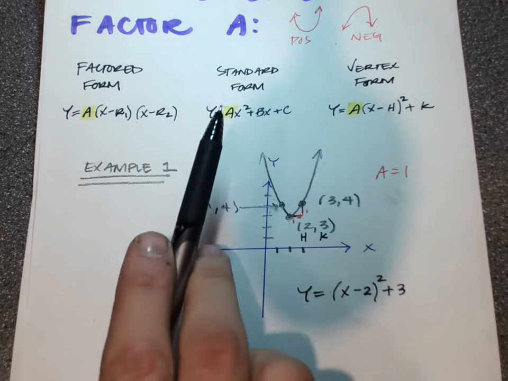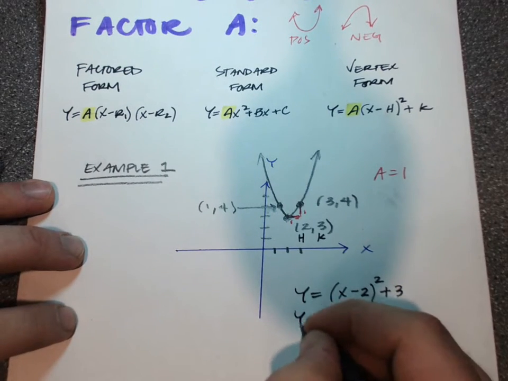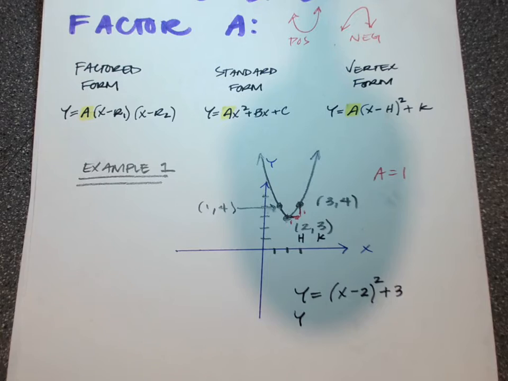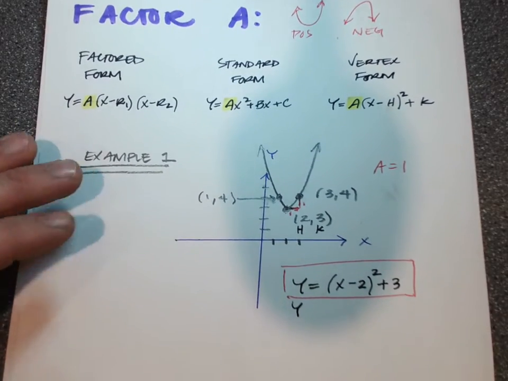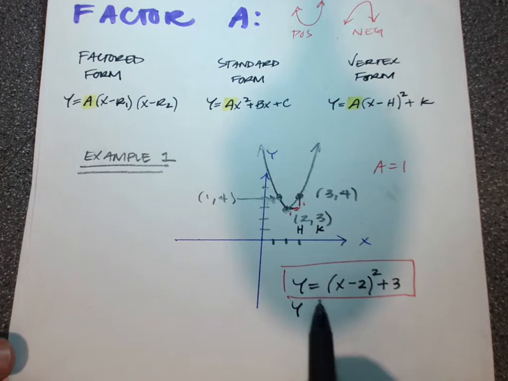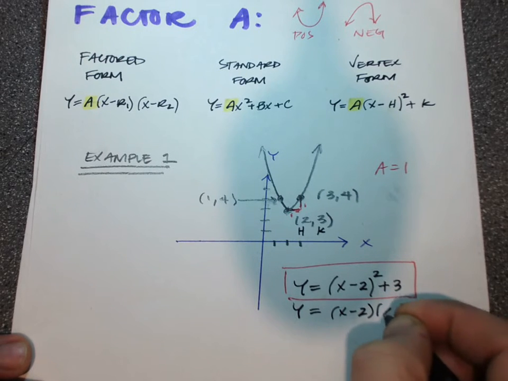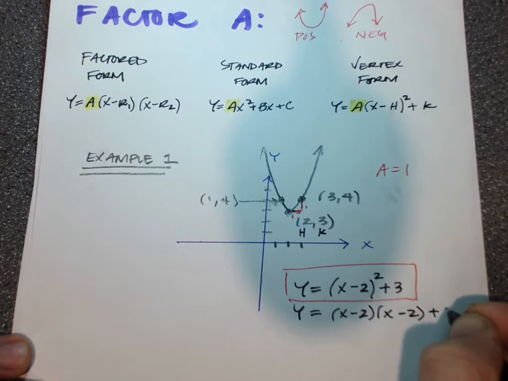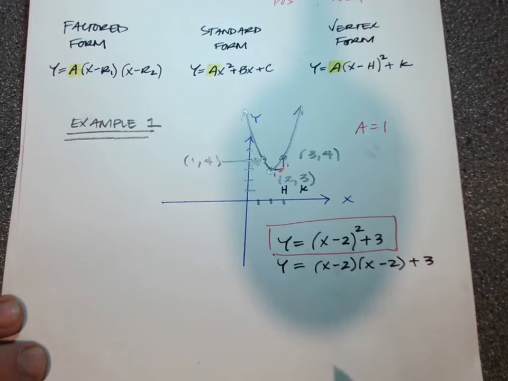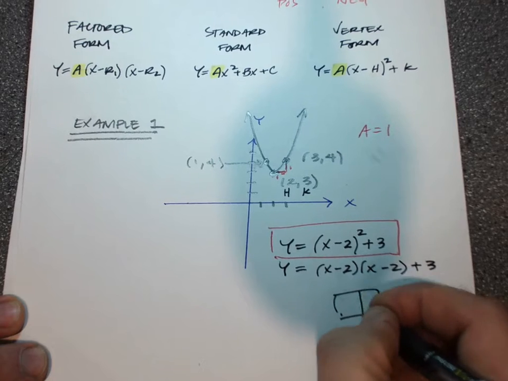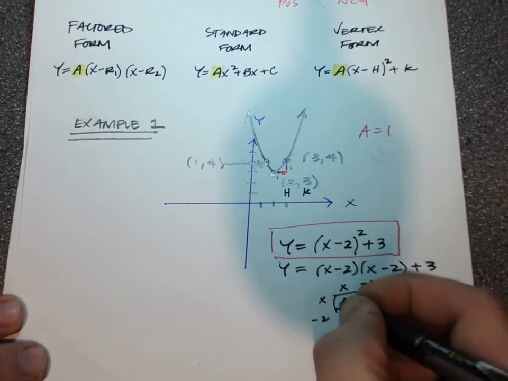Now, if you instead wanted this in standard form, you would have to expand this. This is satisfactory enough if your goal is just to write an equation. If your goal is to figure out the standard form, we have to do a little more effort to simplify some of these numbers. So we have x minus 2 being squared, which requires the box method. x minus 2, x minus 2.